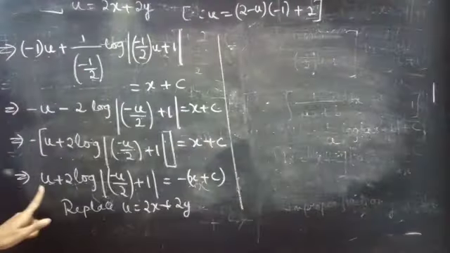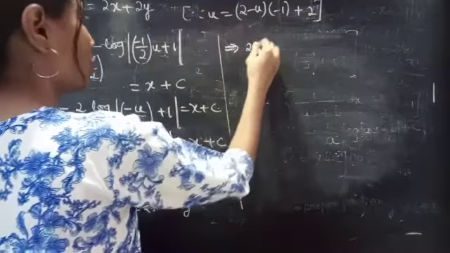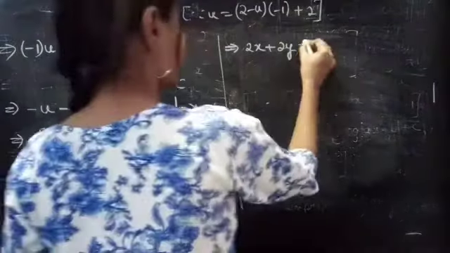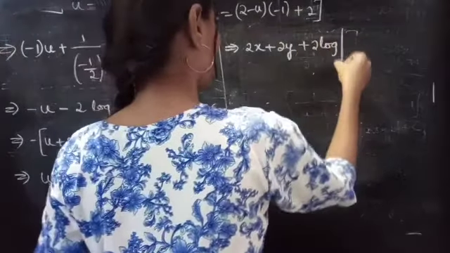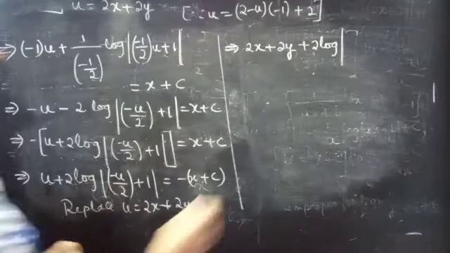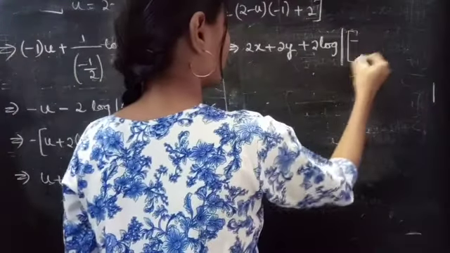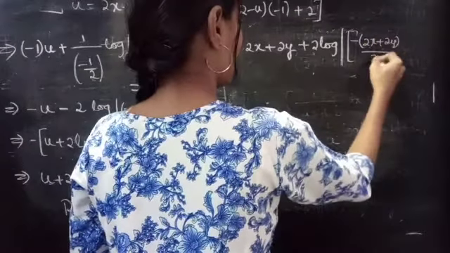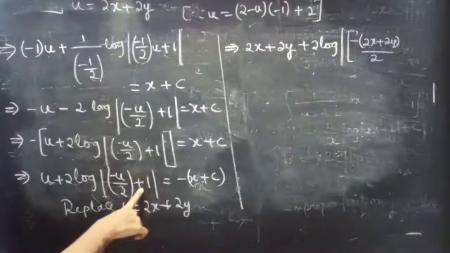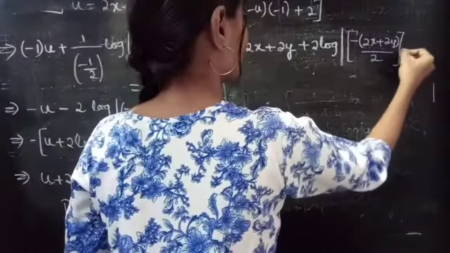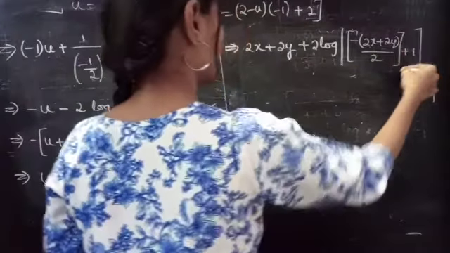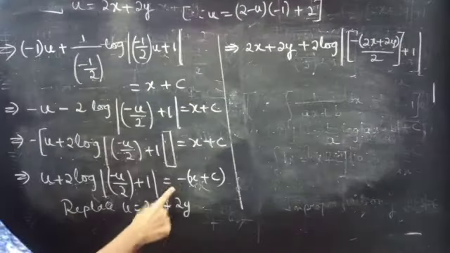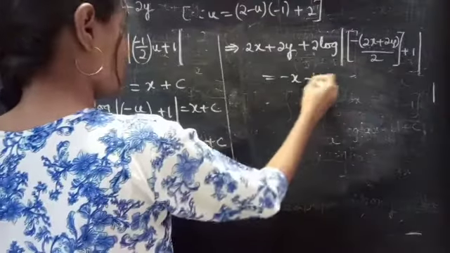Then this becomes 2x plus 2y plus 2 log mod (minus (2x plus 2y) by 2 plus 1) equals minus x minus c.